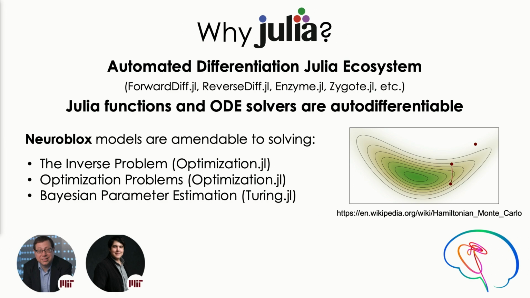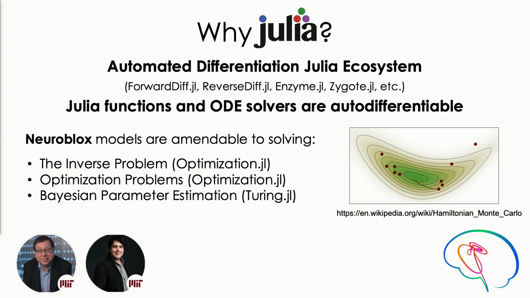So, for example, if you have a wonderful model that you just discovered and vetted, and it's the best model that you can come up with, what you would like to do is to take data, patient data, and then fit parameters to that particular model. And you can only do this if you are good at differentiation. So optimization problem, the inverse problem, that's the parameter fitting problem.